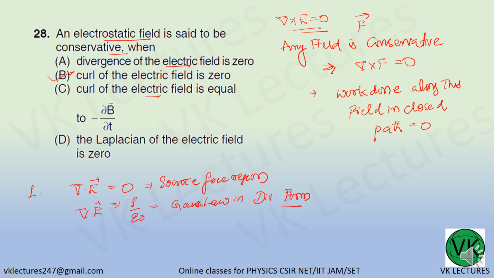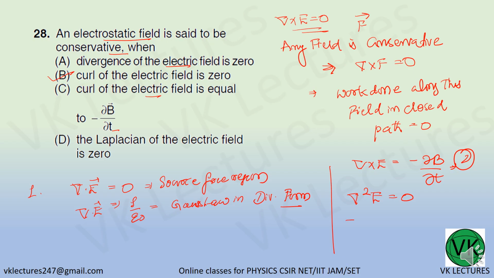Now curl of the electric field is equal to minus dou B by dou T. This is del cross E is equal to minus dou B by dou T. This is also not a source free region. This is nothing but second Maxwell's equation.